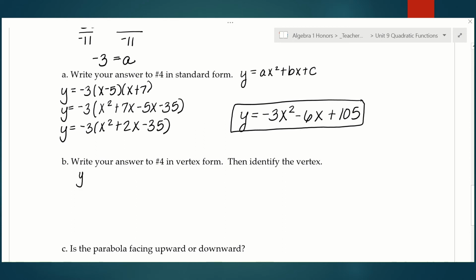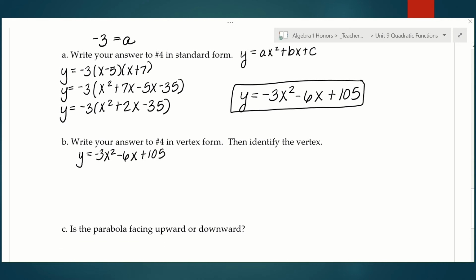So I'm going to start with what I just got for part A. Okay, so if you remember how to start this, we have to make sure that our A term is 1. And since I have a -3 here, I actually need to factor that out. So I'm going to use a GCF of -3, which actually brings me back to this step right here before I distributed the -3.